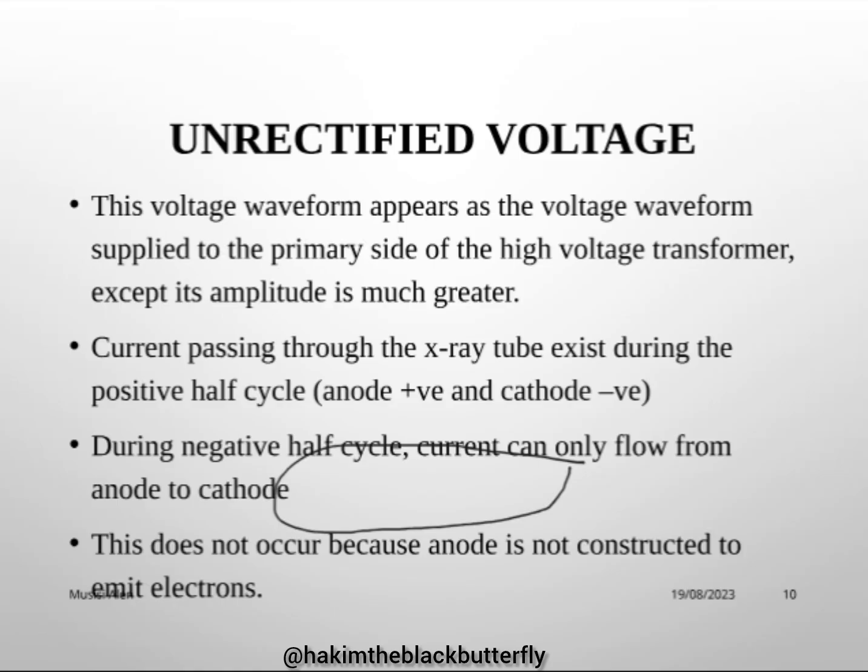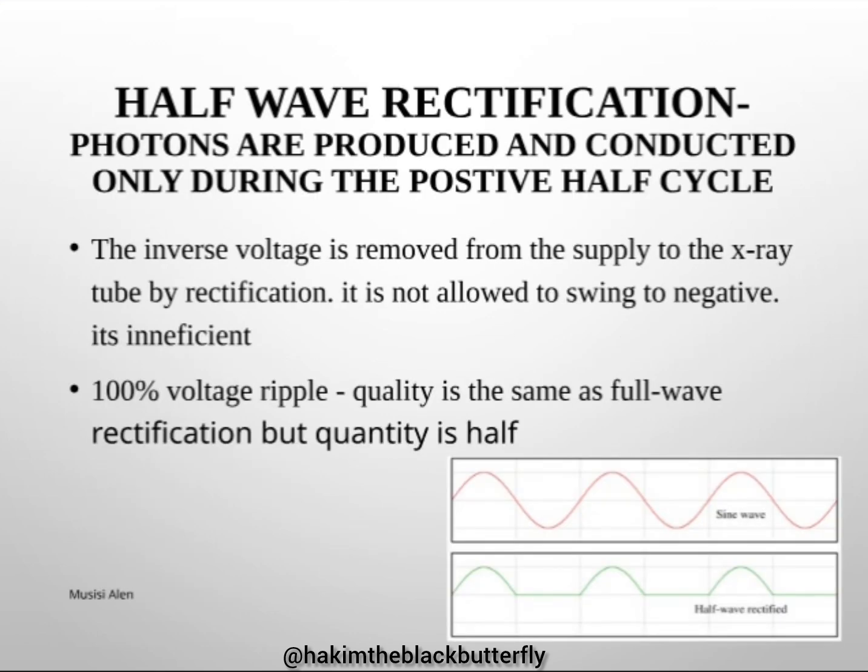This does not occur because the anode is not constructed to emit electrons. So this voltage has to be rectified before it goes into the X-ray tube. And rectification also has types. We have the half-wave rectification and the full-wave rectification. That's what we are going to see.